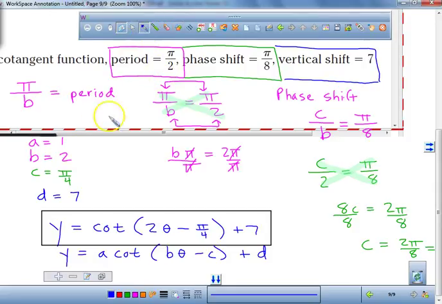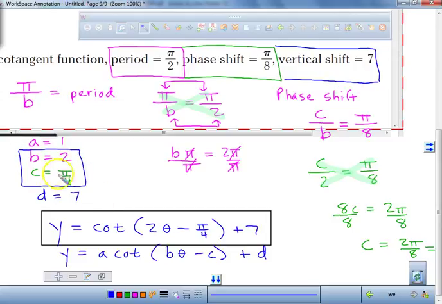What are the two hardest things to find? Your B value and your C value. Those are the hardest. Your A value for all these problems is just going to be 1. Your D value is going to be whatever the vertical shift is. You have to do a little ratio, a little proportion here, dealing with your period and your phase shift. And that's what you're working on.